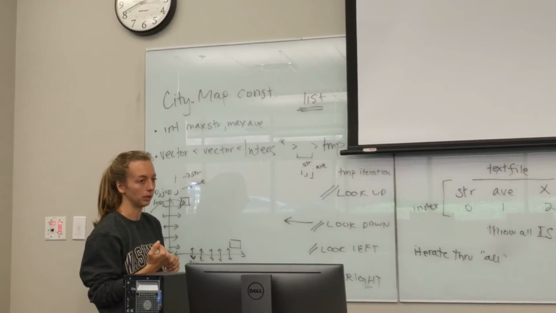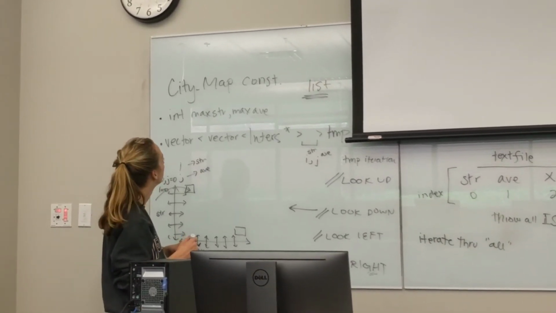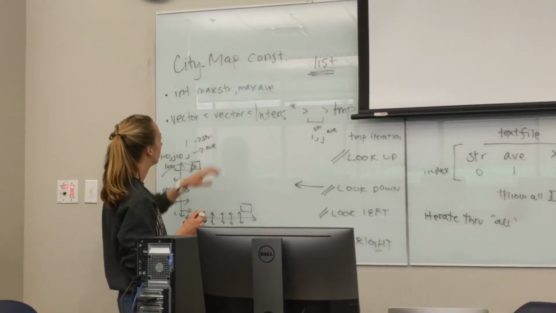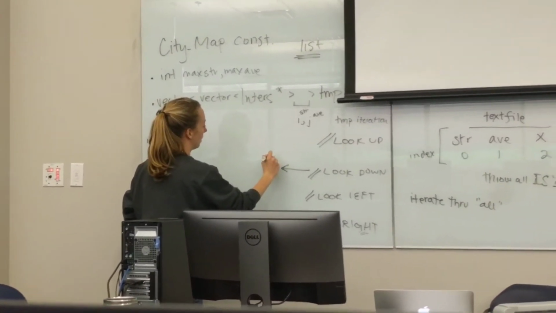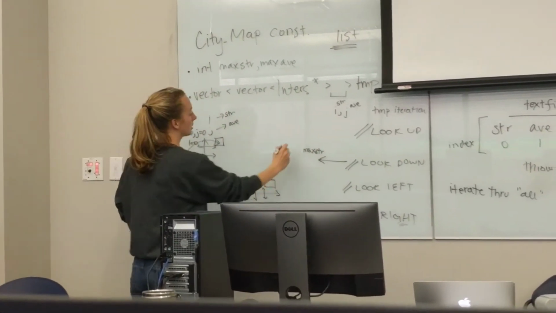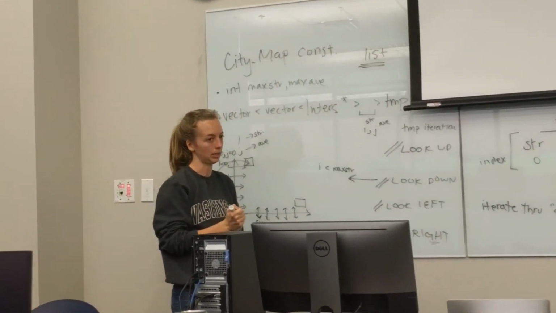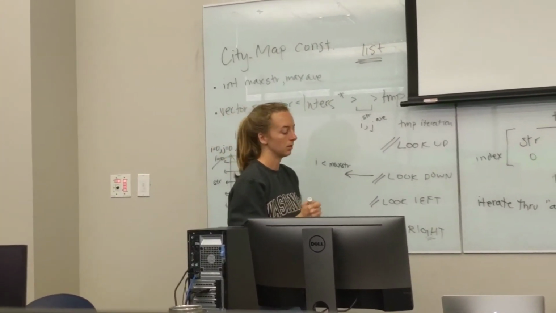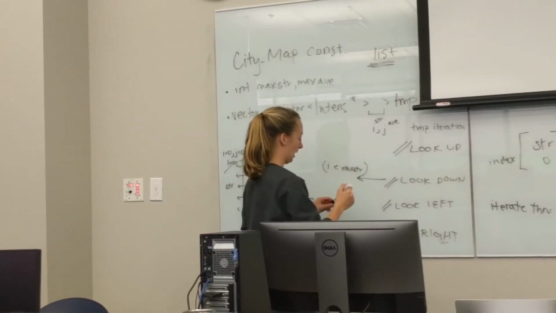There's something useful that we already have. If looking down is greater than Max Street. Yes, so if Max Street is the last street, we need to make sure that i, which is our streets, is less than Max Street, right? If it's not, then you can't look down. So that's one thing that you need to look at.